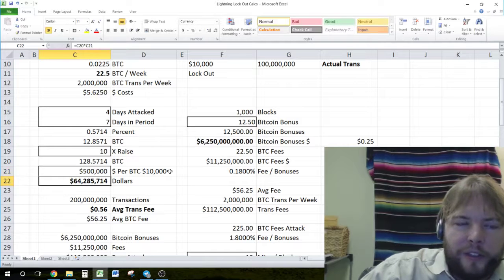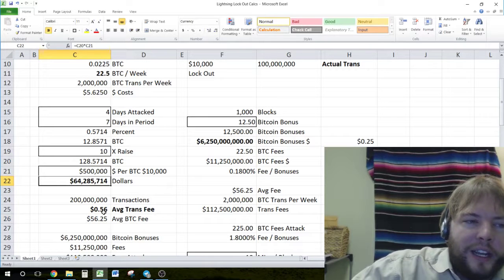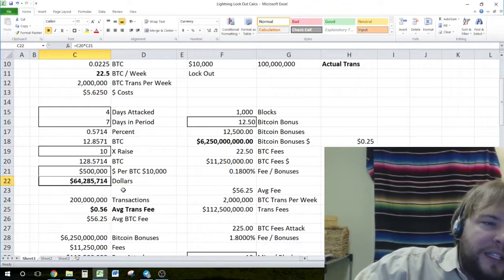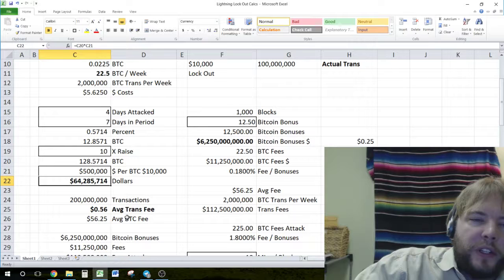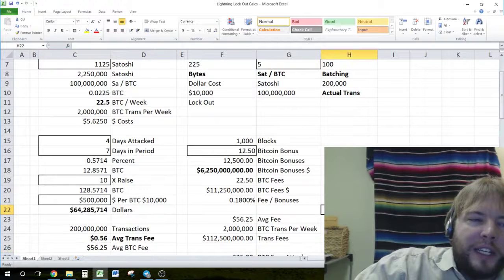And then if the price was substantial and transactions were batched, then it would cost you $50 million to do that. Now, if this was all handled through a block size increase, let me think about how that would play.